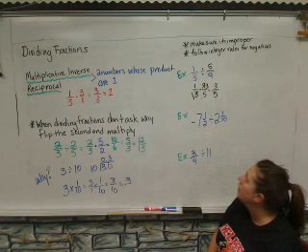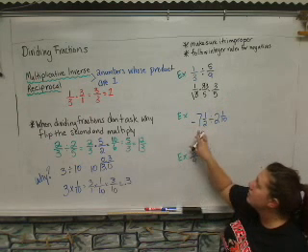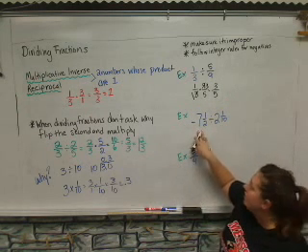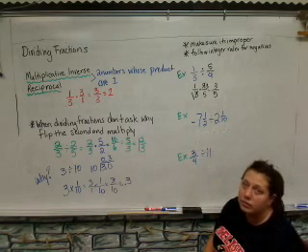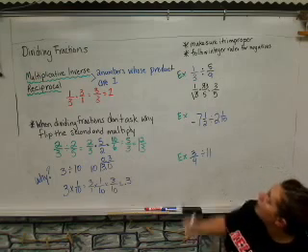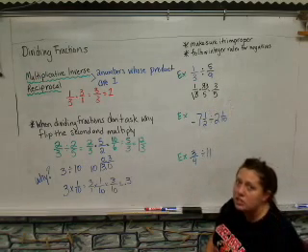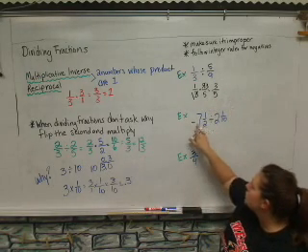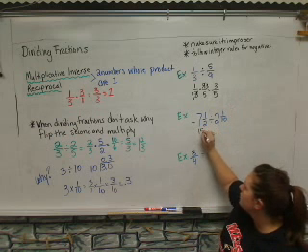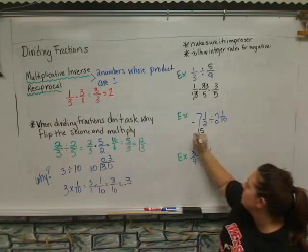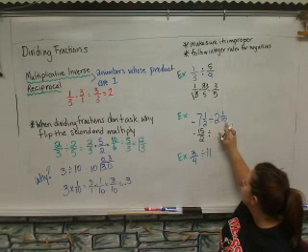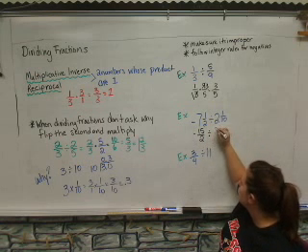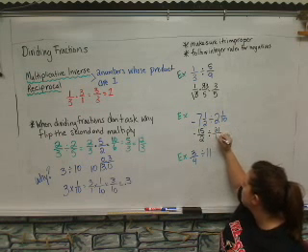All right, example 2. We have negative 7 and 1/2 divided by 2 1/10. We need to make sure we have them as improper fractions first. 7 times 2 is 14 plus 1, so that gives us negative 15 halves, divided by 10 times 2 is 20 plus 1, 21 tenths.